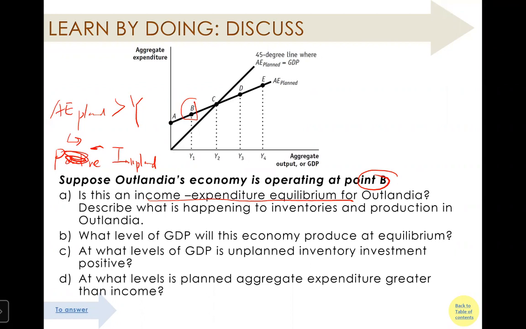Why is it negative? Essentially, your expenditure or demand exceeds your output, so the production cannot satisfy the need. You are running out of your inventory quicker than you expected, so you have a negative unplanned inventory.